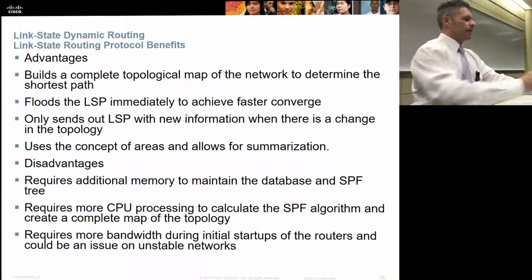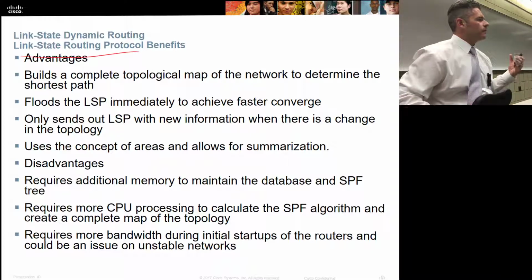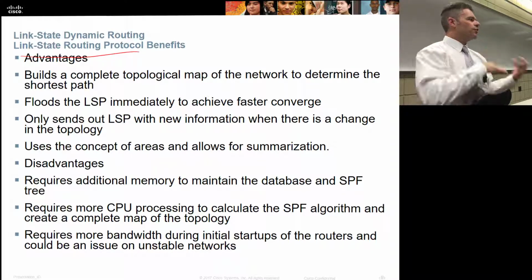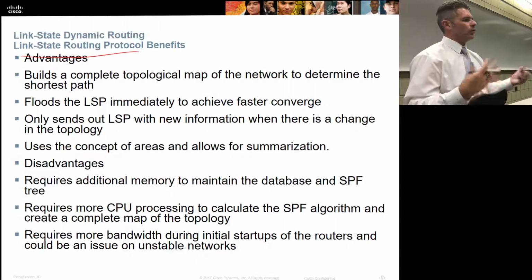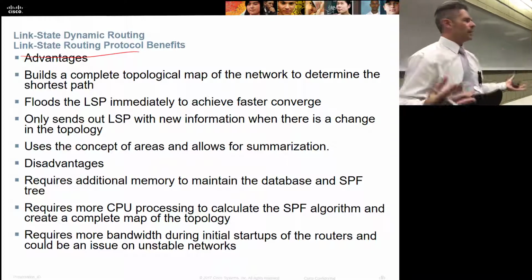So the upside, you wind up with that complete map. Convergence happens faster. When the topology changes, an update changes. We're not constantly sending updates, so we're saving on the amount of communication that happens on the network about the network.